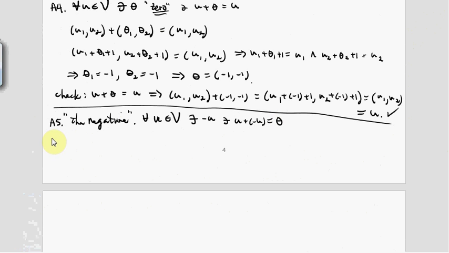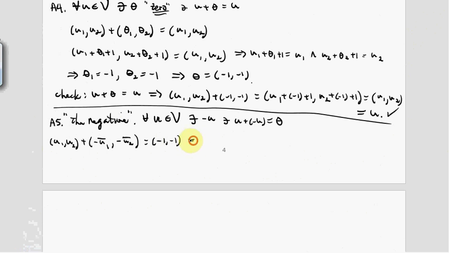So here we have the u, which is (u sub 1, u sub 2), plus this negative, so we call it here (negative u sub 1 hat, negative u sub 2 hat). We don't know what it's going to be. It has to equal (negative 1, negative 1).